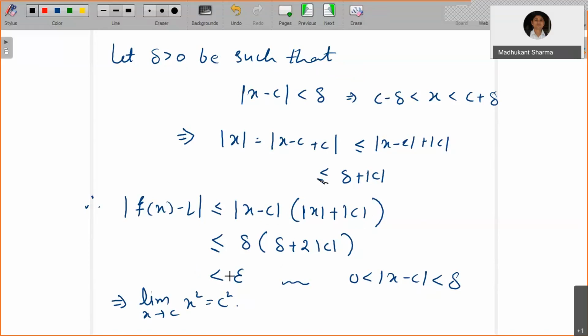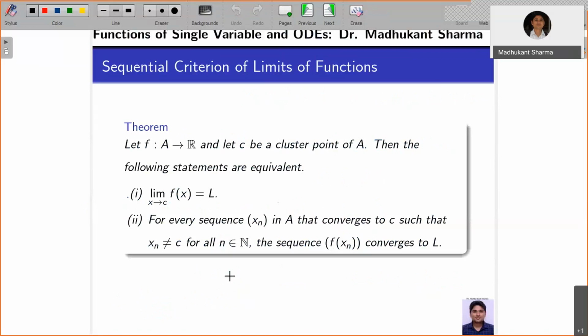Similarly, you can go for the results for limit x tends to c of x to the power n equals c to the power n whenever n belongs to the natural numbers. Now the very next result is again another way of representing the definition of existence of limit for a given function f at x equals c.